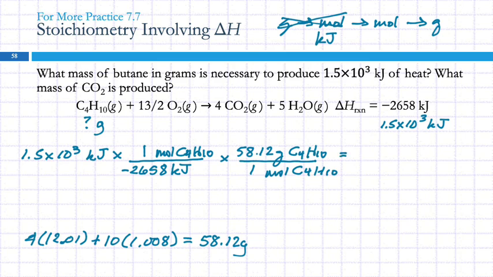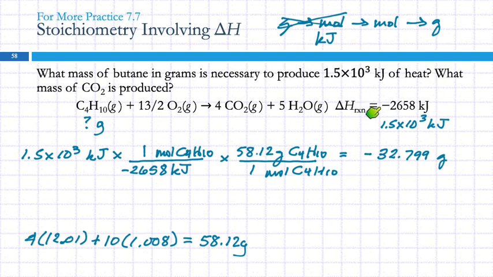So if I do this, I've got 1.5 times 10 to the 3 times 1 divided by negative 2658 times 58.12. And I get a mass of negative 32.799 grams. Is that okay? Can you have negative mass? No, you can't. Why did this happen?